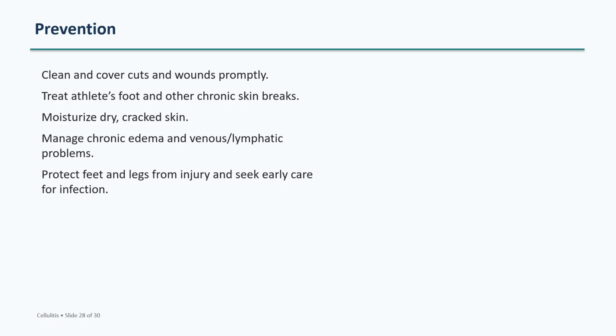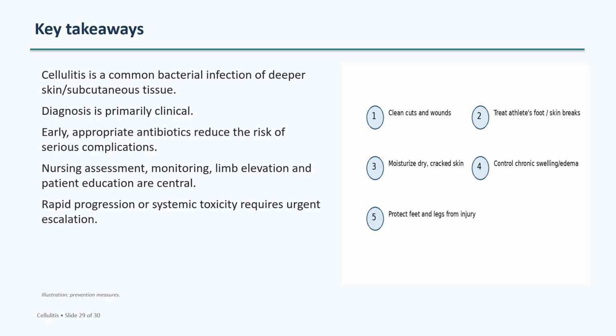if infection is seen. In this topic, we learned what cellulitis is, and that it affects the deeper skin and subcutaneous tissue. We understood how to diagnose the disease, and how to do differential diagnosis from other conditions. We understood how to use appropriate antibiotics, which reduce the risk of the disease and reduce complications.